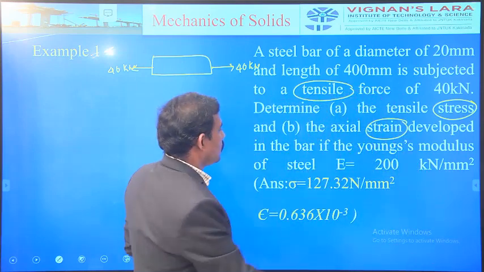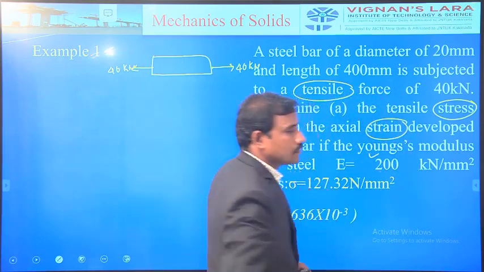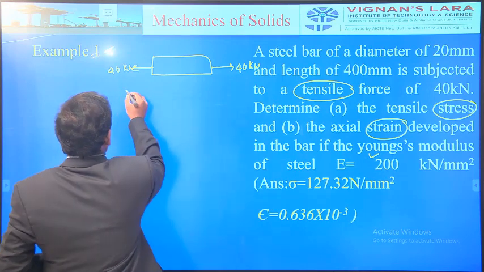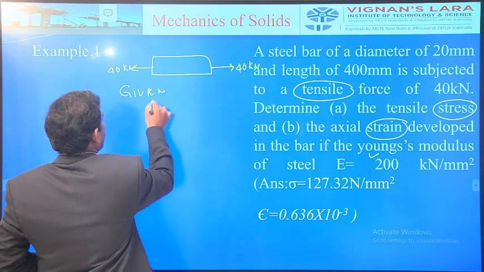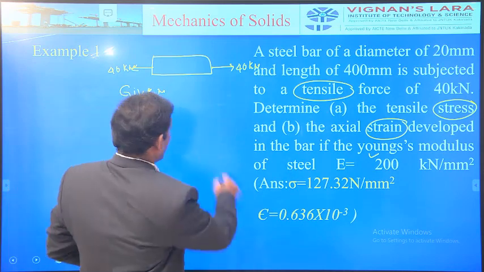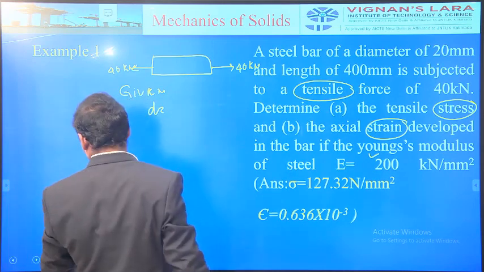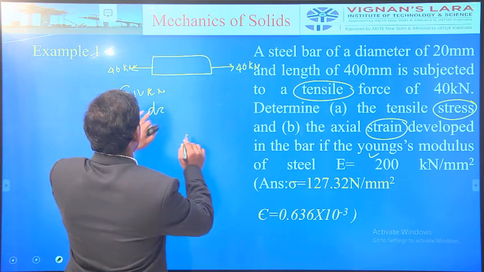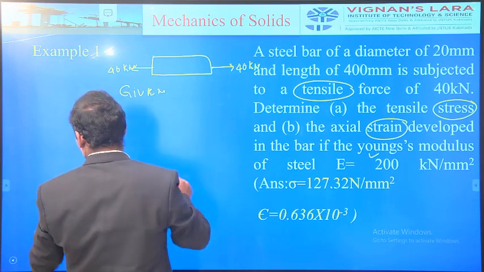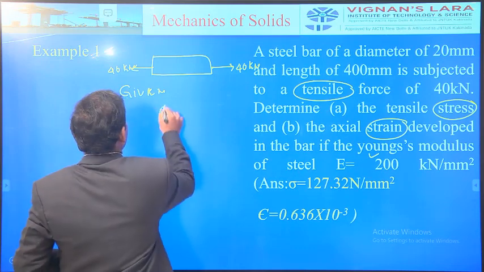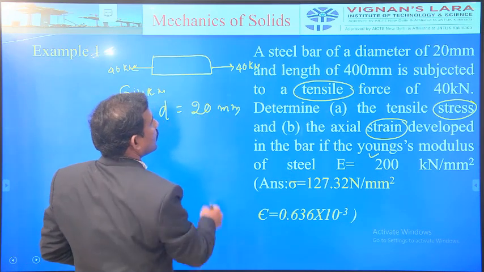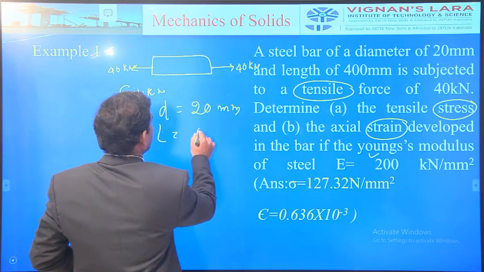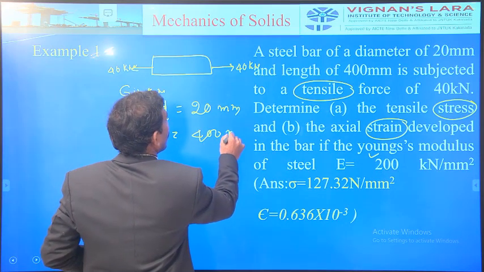For that, we know the Young's modulus. The given data is: diameter D is equal to 20 mm, and the length L is equal to 400 mm.